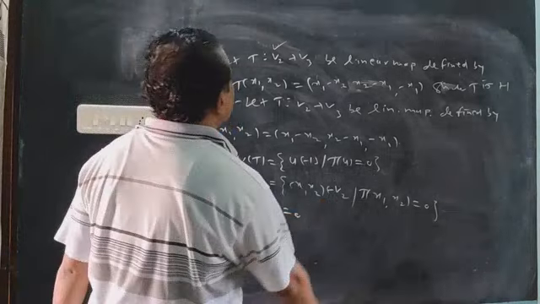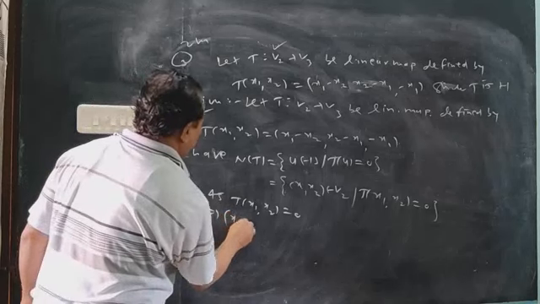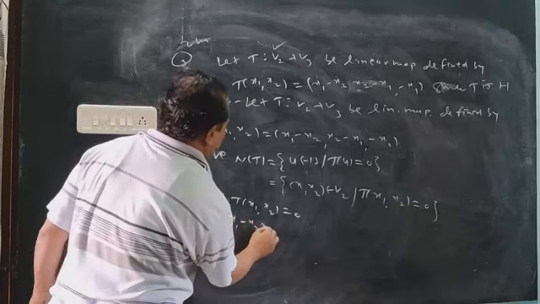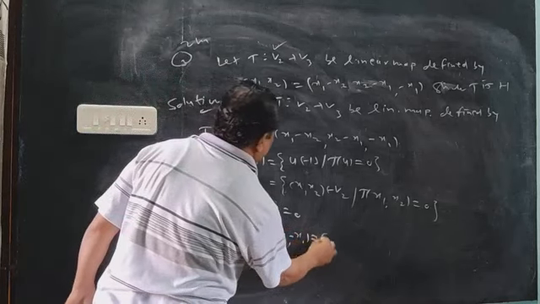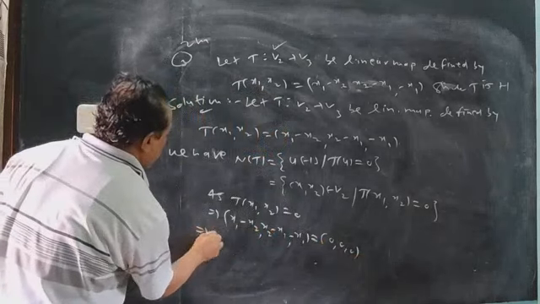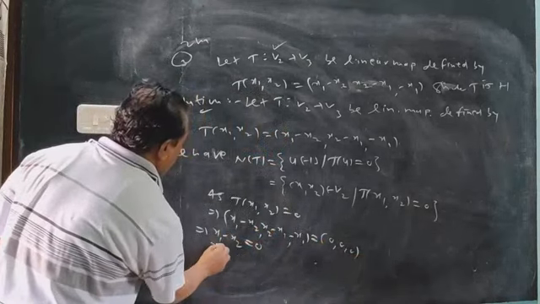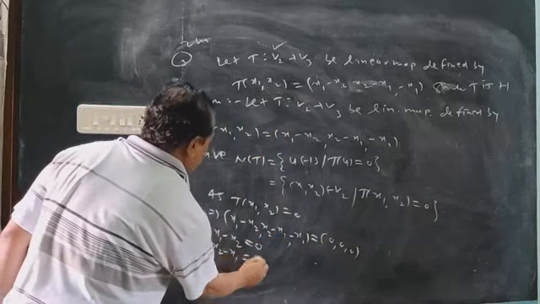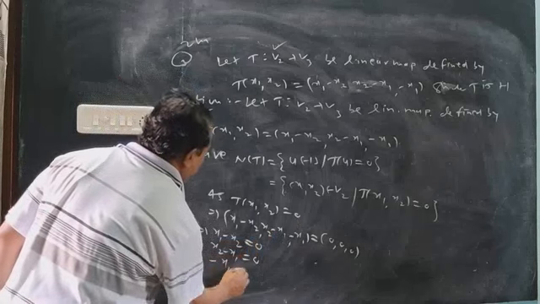So T of this equals 0, but T of this is given to you: (x1 minus x2, x2 minus x1, minus x1) equals 0, where 0 means the vector (0, 0, 0). Compare: x1 minus x2 equals 0, x2 minus x1 equals 0, and the last, minus x1 equals 0.